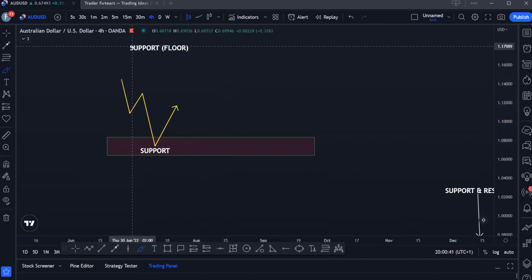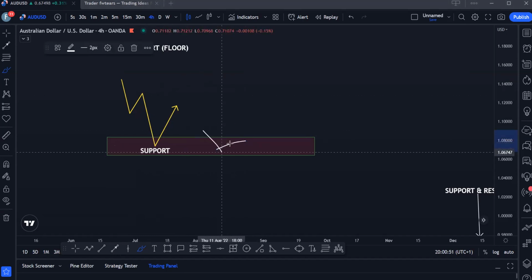But before you do that, you also want to validate this zone right here. You want to validate it to know if, truthfully, we should be expecting a reaction here.